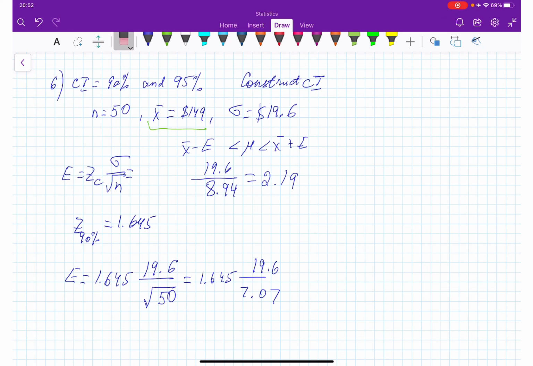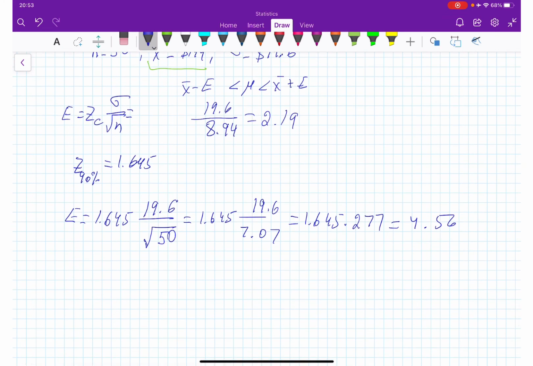Let me see, 1.645 times 2.77, and that is equal to 4.56.